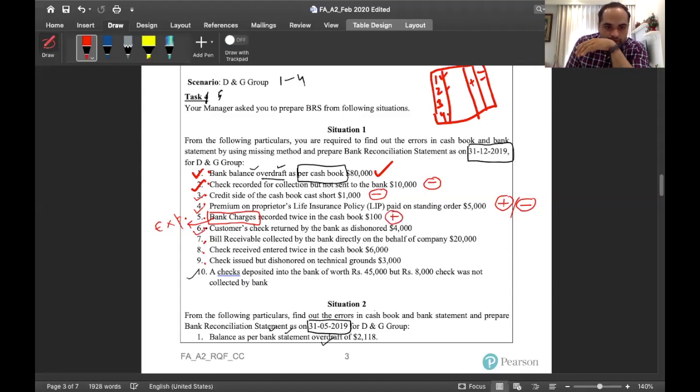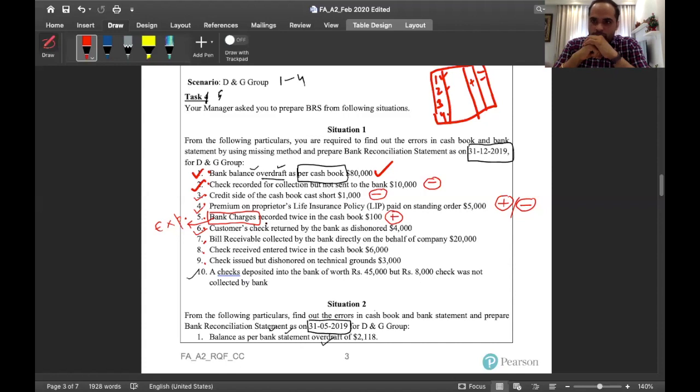Number six, customers' check returned by the bank as dishonored. So which means, for example, me, this is my bank reconciliation statement, situation one. My bank told me that whatever check you receive from your customer to get payment, that check is dishonored.